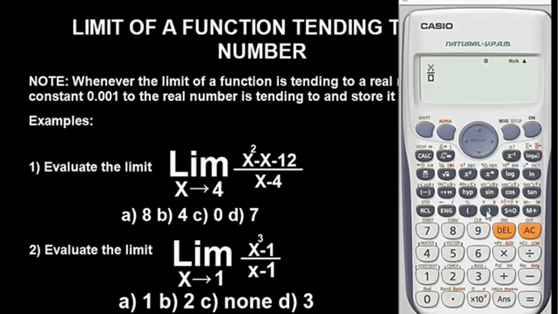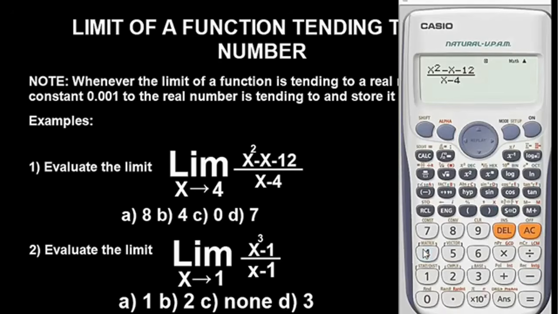So take note of this point. So we have x squared minus x alpha x minus 12 all over x alpha x minus 4. So that's it. We are done.